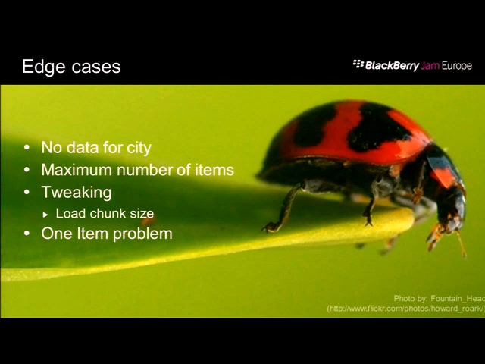And then there's the one item problem that we didn't mention. I just introduced this problem where the server could give you back fewer items. I've seen cases where it would give you only one item back. In that initial fetch, if you get just one item back and you add it to your list, the scrolling event never gets fired.